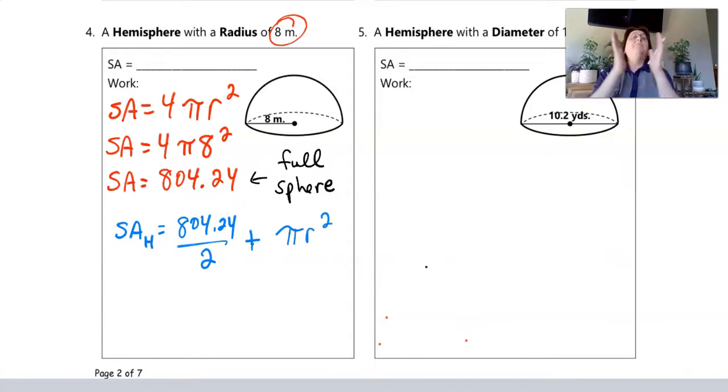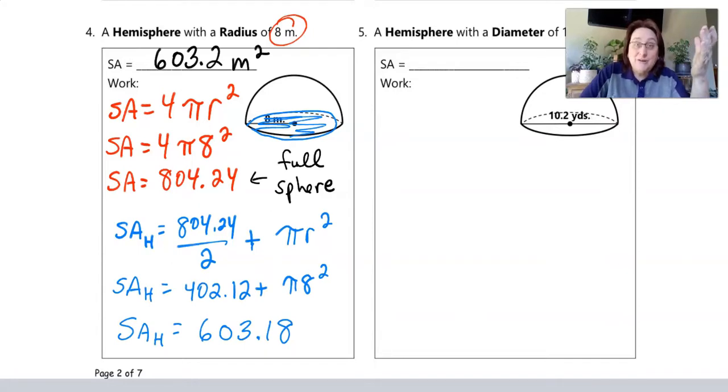We need to do that because of that great circle on the bottom of the hemisphere. That great circle is this part right here, isn't it? That now is on the surface. So I want you guys to work this out, plug in all of your magical numbers, and tell me, including your units, what do you get for the surface area of this hemisphere?